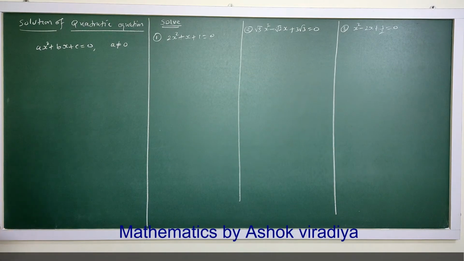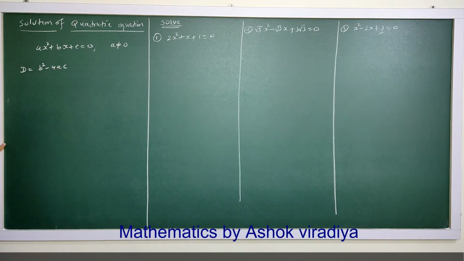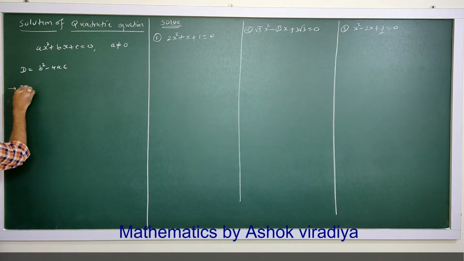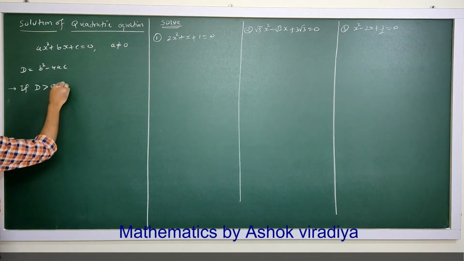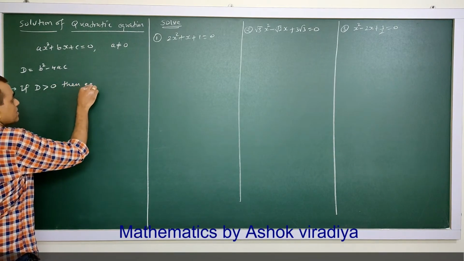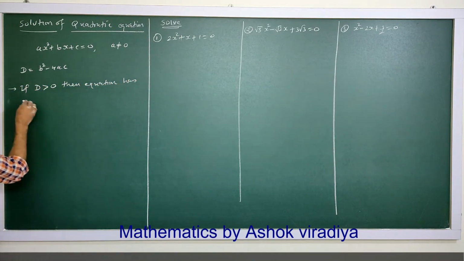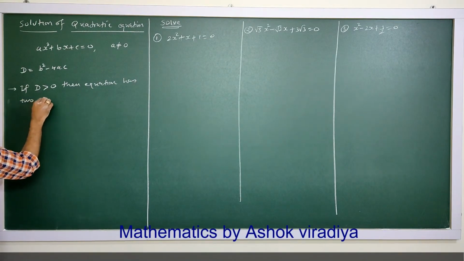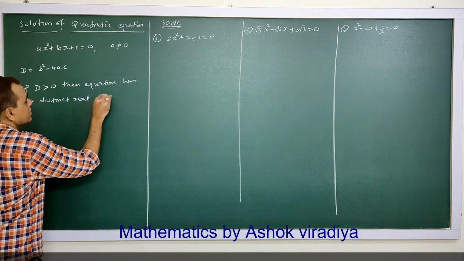Now to find the solution, we find the discriminant. The discriminant is b square minus 4ac. And you know that if the discriminant is more than 0, then the equation has two distinct real roots.